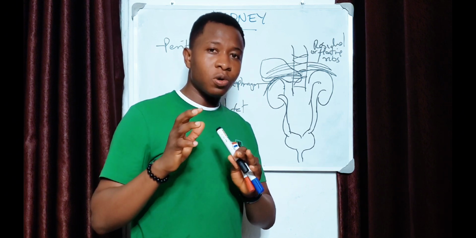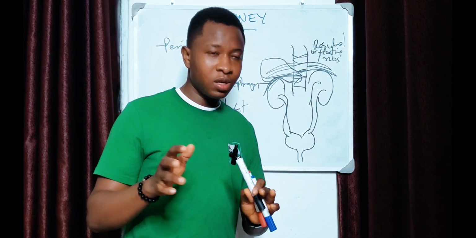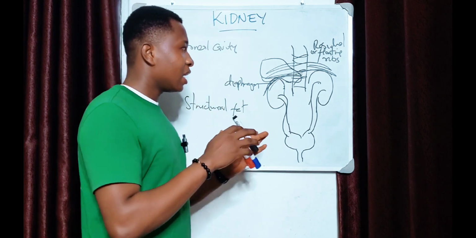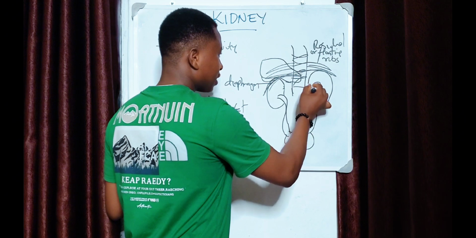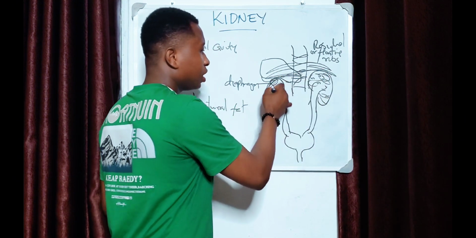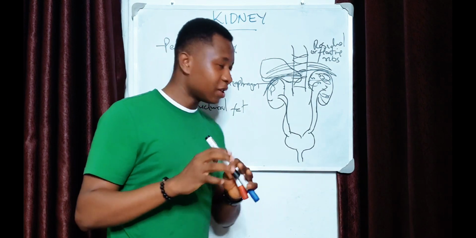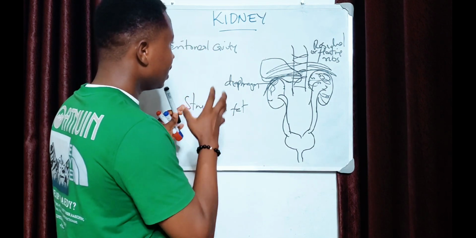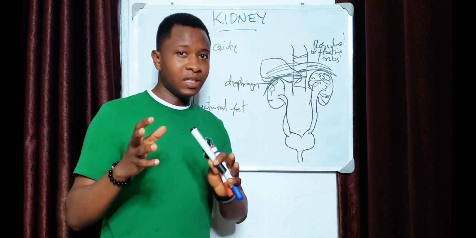They are majorly concerned with production of energy, all right? But the structural fat plays a vital role in protection. So the structural fat is found around the kidney. What does it do to the kidney? It protects it. That's the function of the structural fat. So this is the location of the kidney.